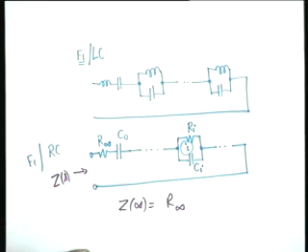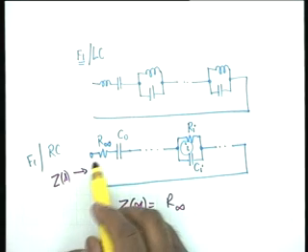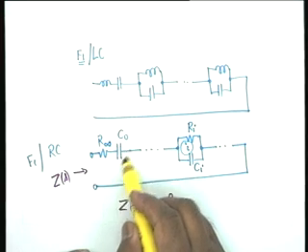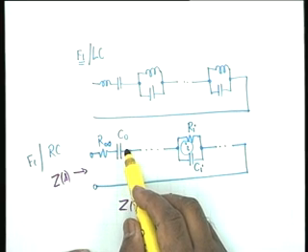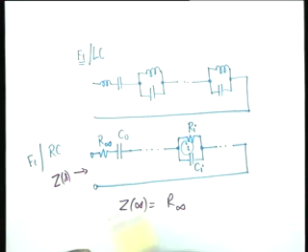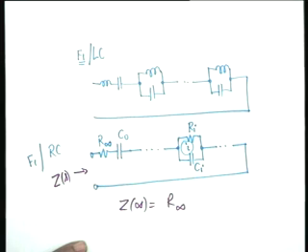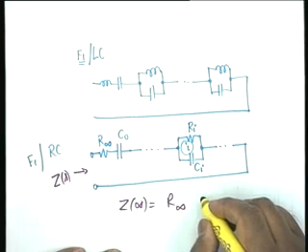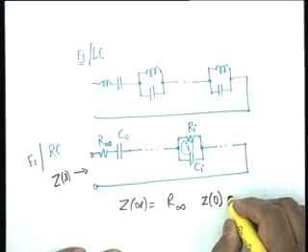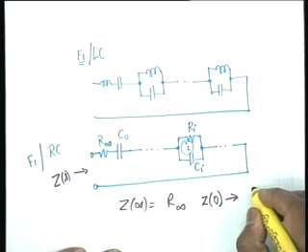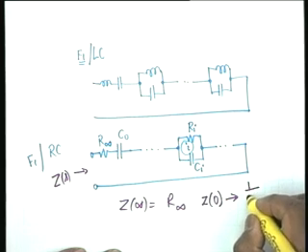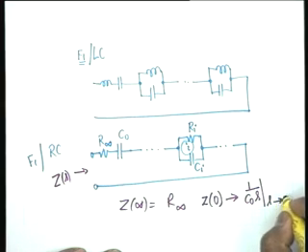Why I used this C0 is also obvious, that at s equal to 0, at DC, C0 becomes an infinite impedance, and all other parallel branches simply reduce to resistances. So, what we have is a series connection of R infinity and summation Ri in series with a capacitor of value C0, and therefore Z of s tends to 1 by C0 s, as s tends to 0.